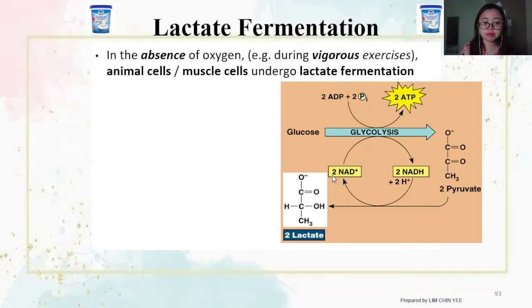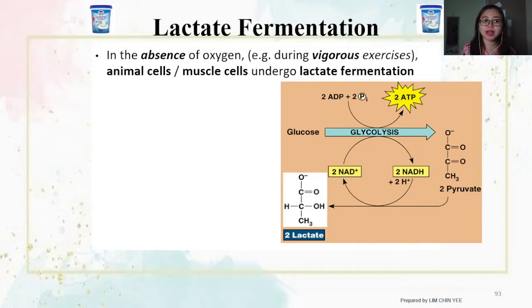And also at the same time, it's going to convert two molecules of NAD plus into two molecules of NADH plus 2H. Biasanya, kalau dalam aerobic respiration, dua NADH ini akan dibawa kepada electron transport chain untuk digunakan menghasilkan ATP.